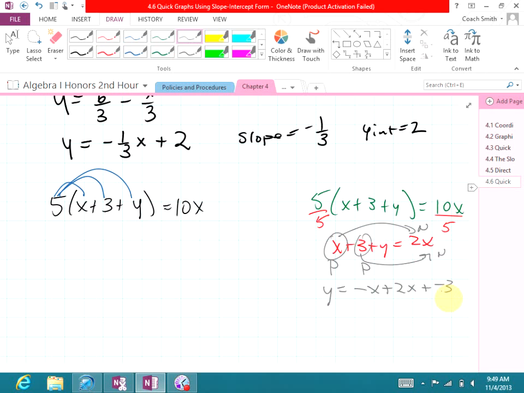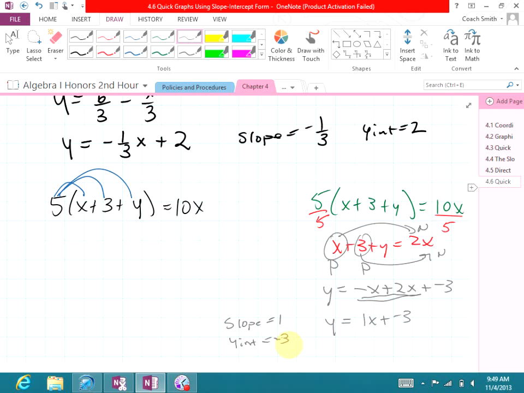Now, you put these two things together, and that gives me y equals 1x plus negative 3. So the slope is equal to 1. The y-intercept is equal to negative 3. Then I have to graph it.